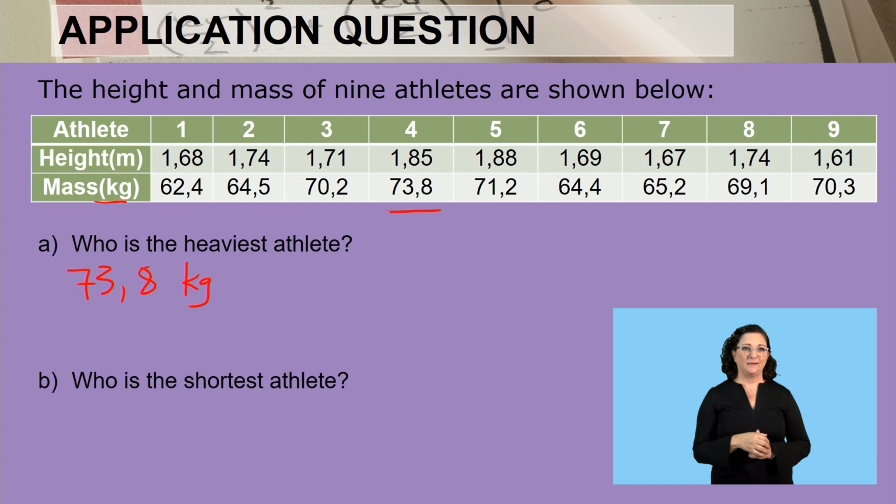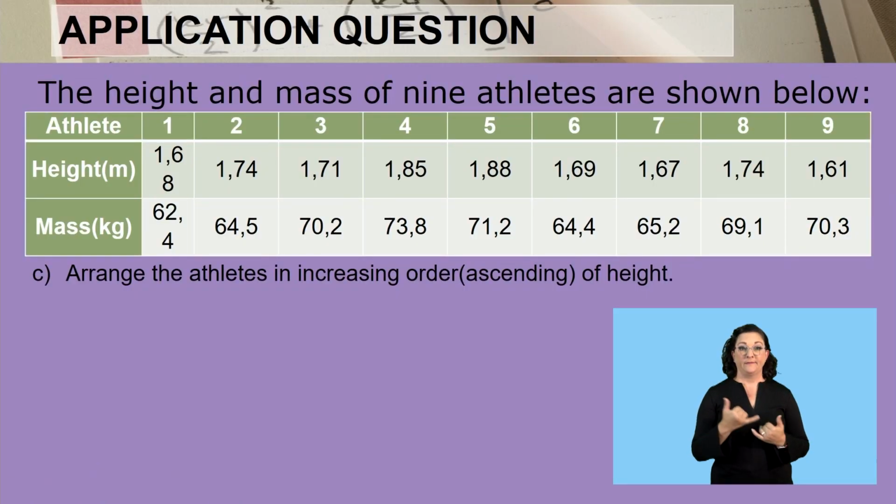It's actually athlete number 9 with 1.61 meters. Does it make sense? Yes. Let's move on.